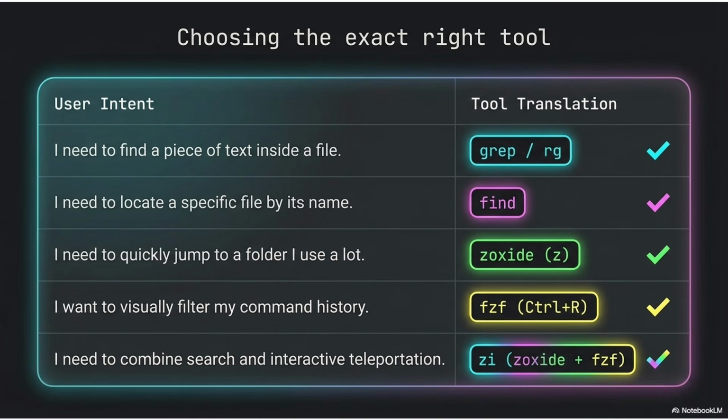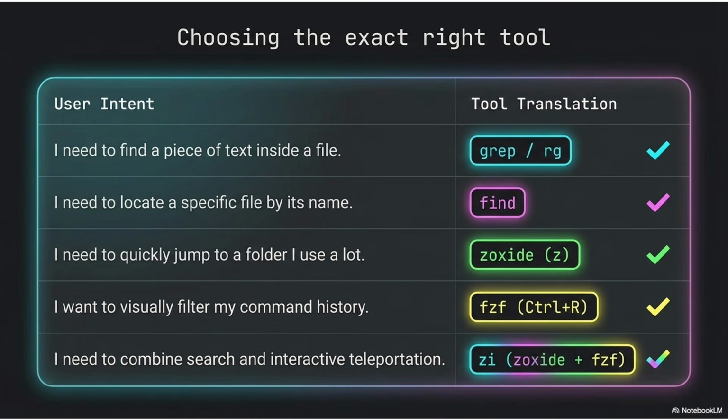When you want to visually filter your command history, reach for fzf via Control-R. When you need to combine interactive search with directory teleportation, you can use zi. That's zoxide plus fzf, the power user combination.